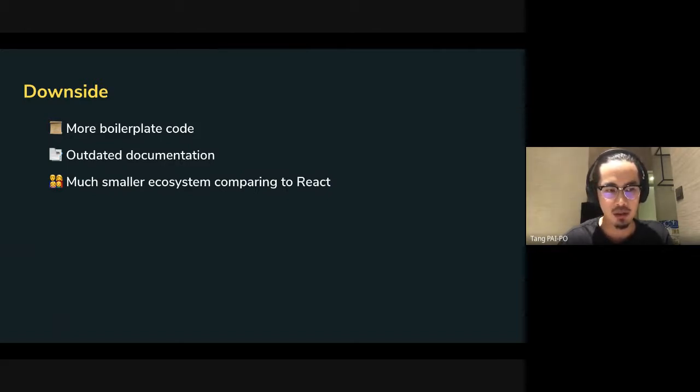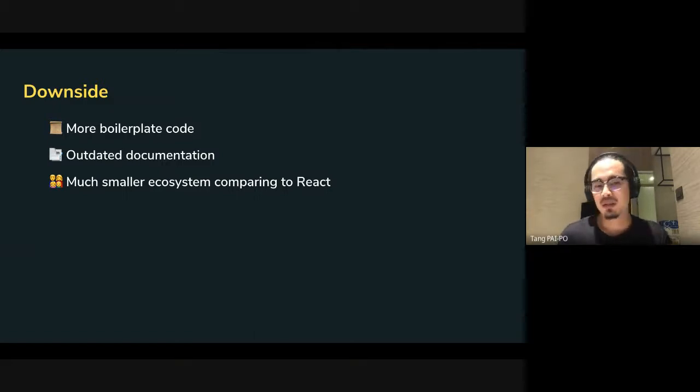But there's also a benchmark on lines of code when you implement an application using different languages, and Elm has many more lines of code than other frameworks. Another part, originally I said outdated documentation. When I started using Elm, I found a lot of documentation online about 0.18, but at the time I was working with Elm 0.19, so that's why I said outdated documentation. I think now it's probably getting better.